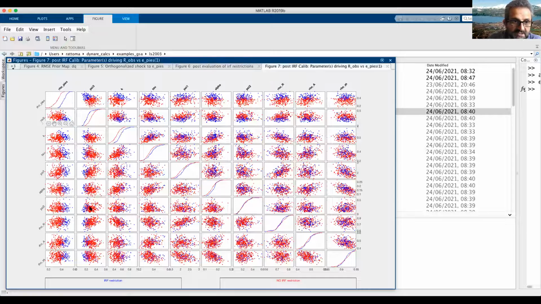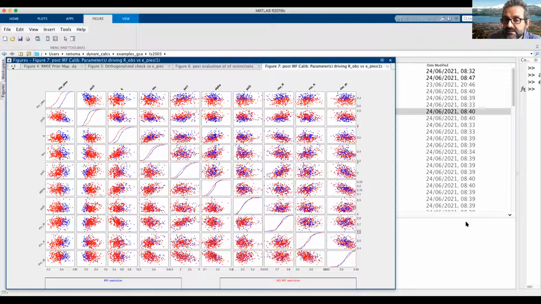And if you go to the lower triangular, you can pin down some clear patterns. If you combine high persistence with a small psi 3 and high kappa, you probably go to a situation where the response of the interest rate is actually smaller.